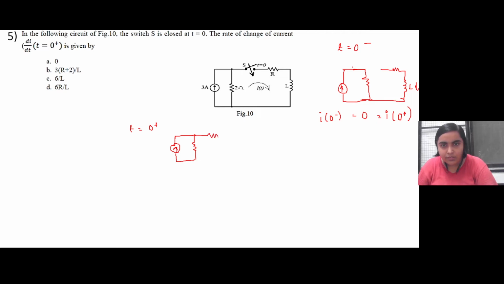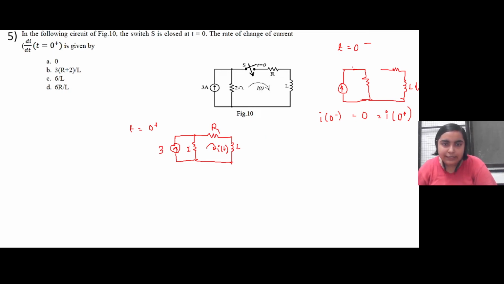So this is closed, this is the inductor. Now it is given the current flowing in this circuit is I of t. This is 2 ohm, this is resistance R, this is inductance L, and this is 3 ampere given.